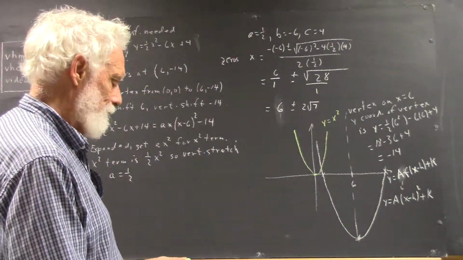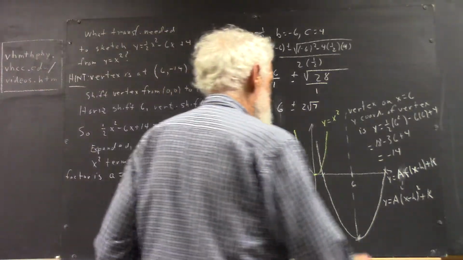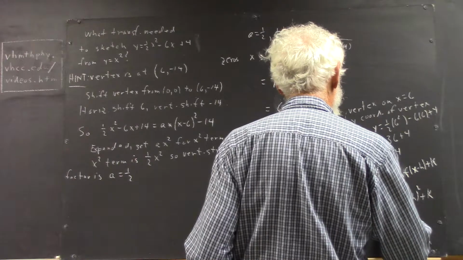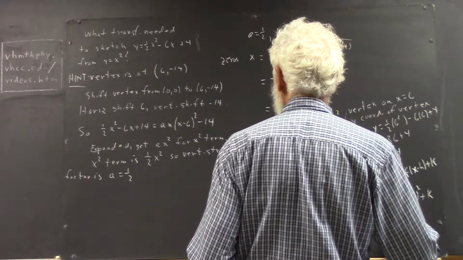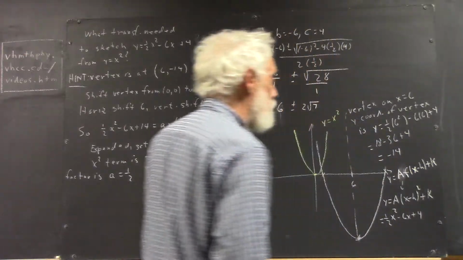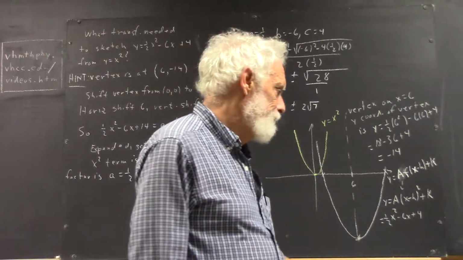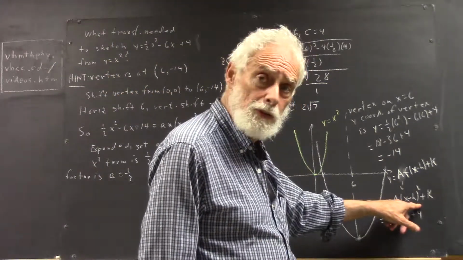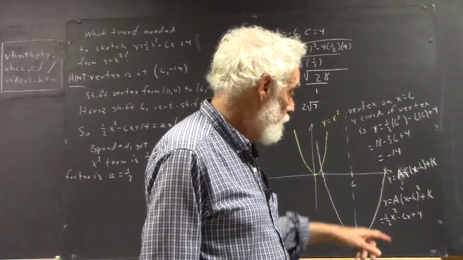Okay, well, this y is going to equal 1/2 x squared minus 6x plus 4. You could expand this square. You'd get x squared minus 2xh plus h squared.